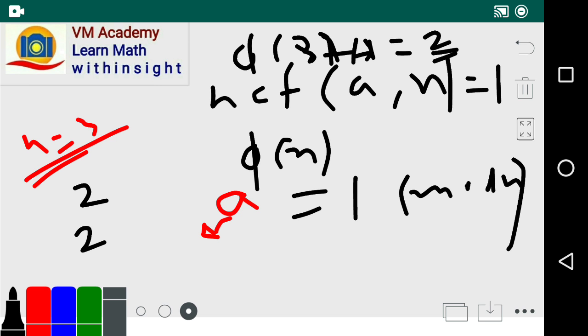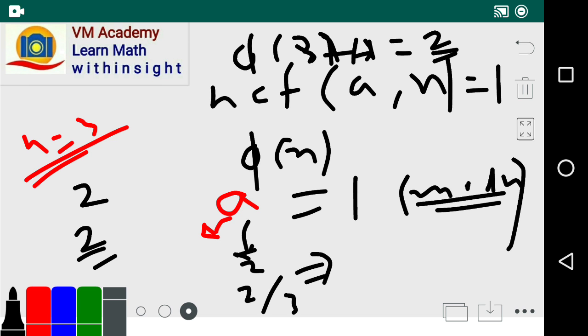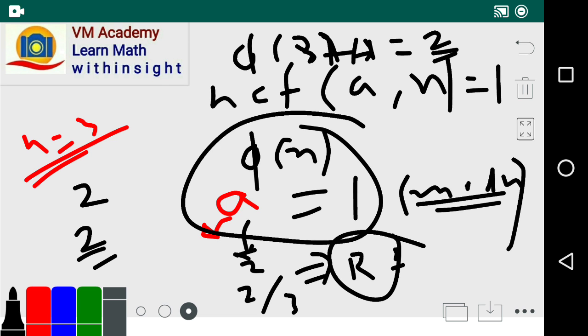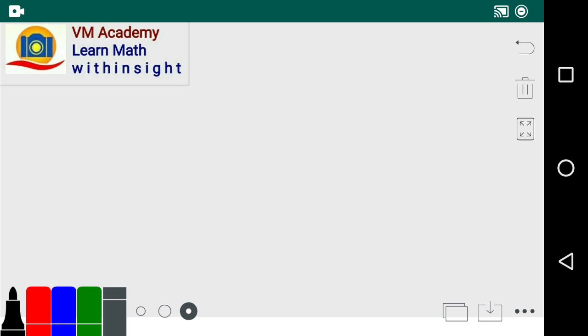So 2 raised to 2 is nothing but 4, friends. Now if we divide 4 by n, here n is 3, we get quotient 1 and remainder 1. And thus a raised to phi of n equals 1 modulo n is valid, friends. Thus we verified this theorem.